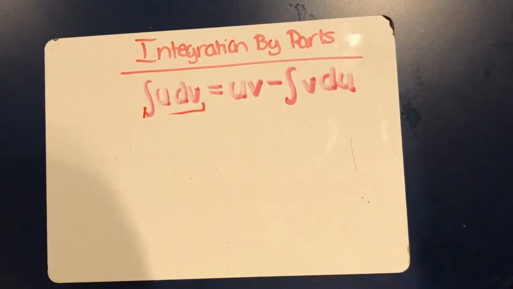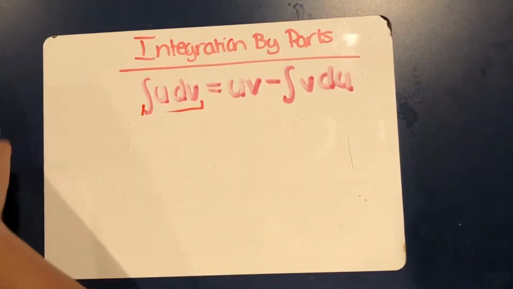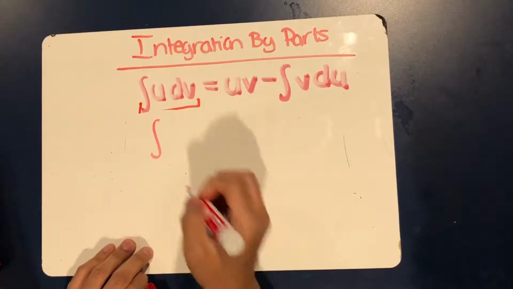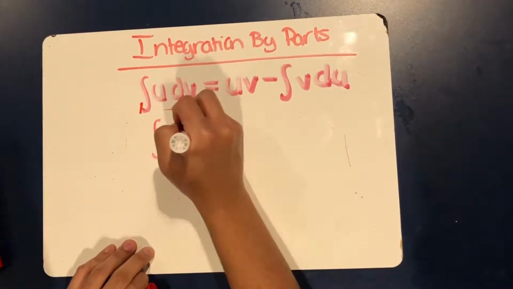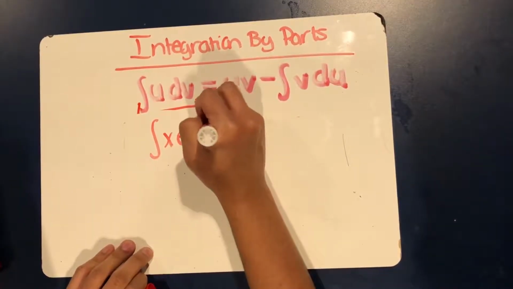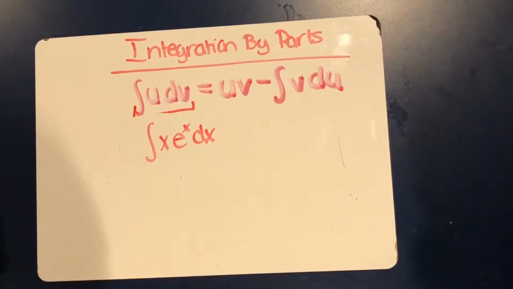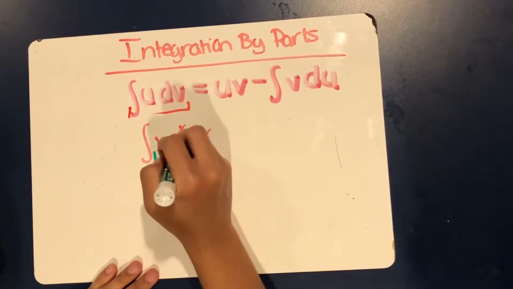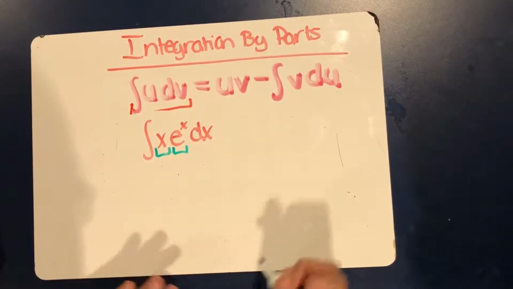So let's erase this and actually use this rule. Let's say this example that we're going to write, the integral of x e to the x dx. Well, we're going to find out what dv is equal to and what u is equal to. So those are our two terms. We want to find out which is which.